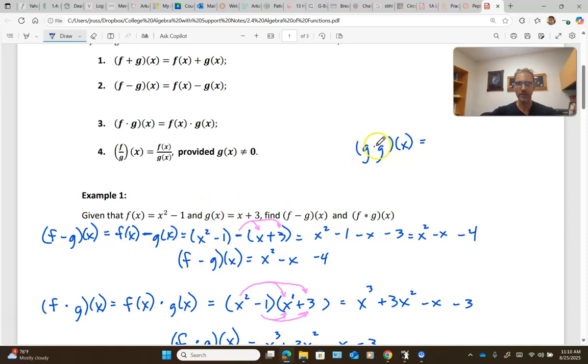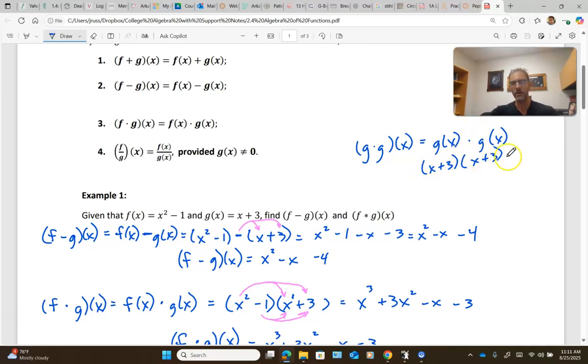G times G, or G plus G. Well, you're going to proceed the same way. This just means you would take G of x and multiply it by another G of x. So what you'd be doing is really multiplying that function by itself.